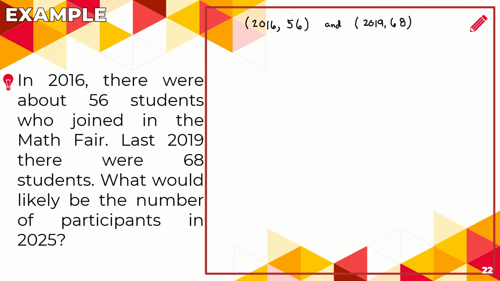So we let x be the year and y be the number of students. So this is (x sub 1, y sub 1), and this will be (x sub 2, y sub 2). Since we have 2 points, we can use the two-point form, which is y minus y sub 1 equals y sub 2 minus y sub 1 all over x sub 2 minus x sub 1, multiplied by the quantity of x minus x sub 1.